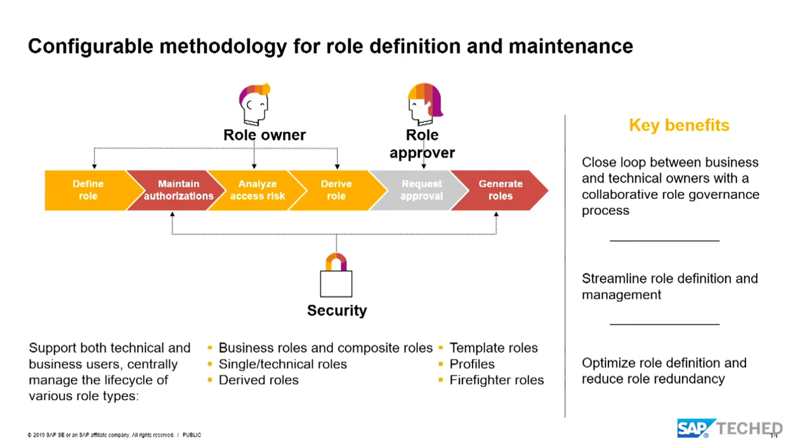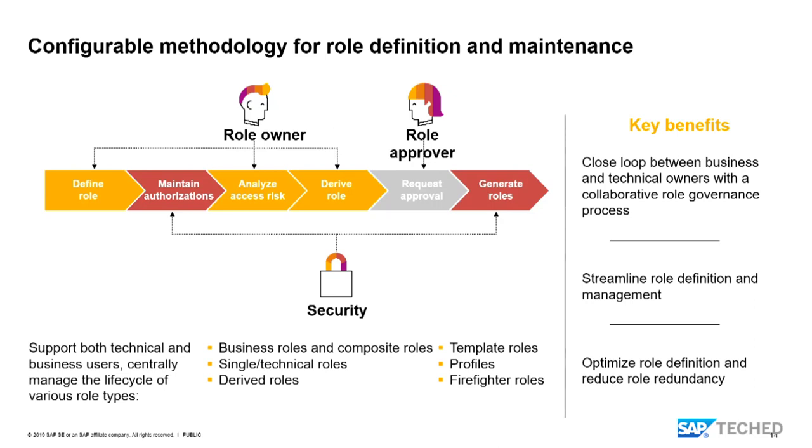But in the end, the technical generation once again comes from IT. And what you also see here is another role, the role approver, as part of the methodology. Again, this is the decision of who in the end gives the confirmation that somebody can get a certain role in your organization or not.